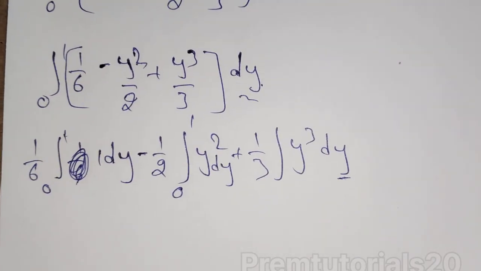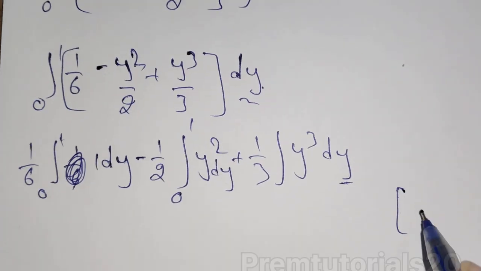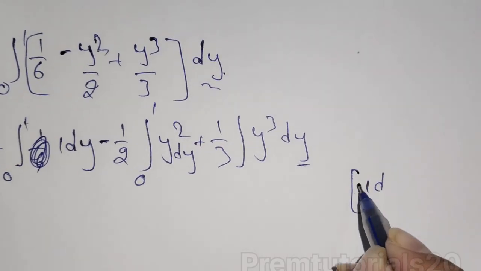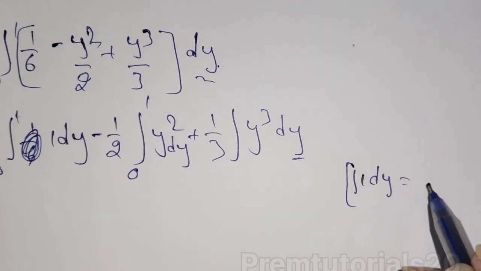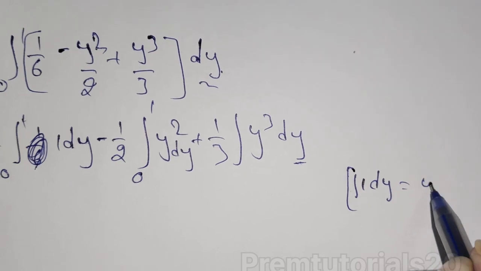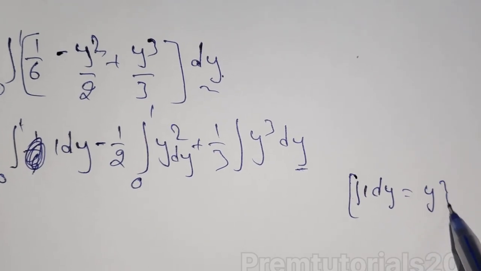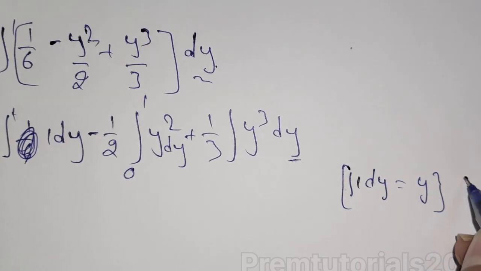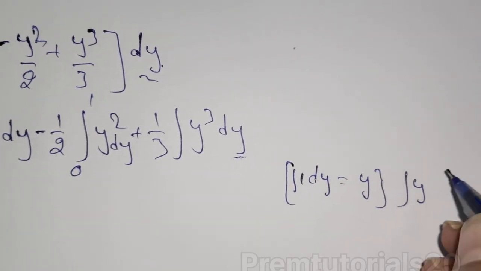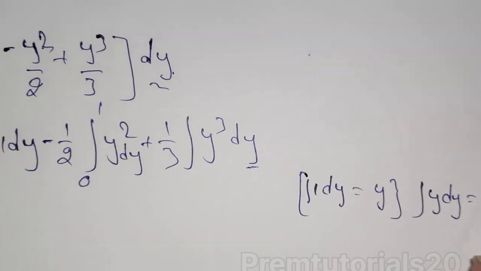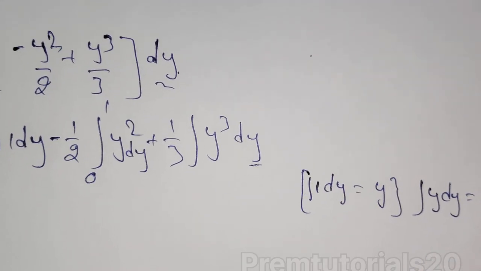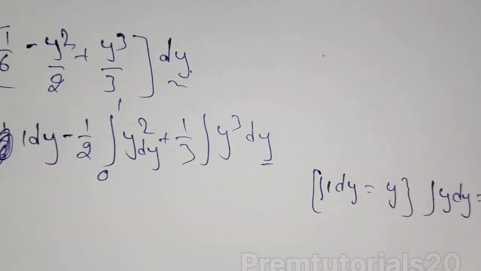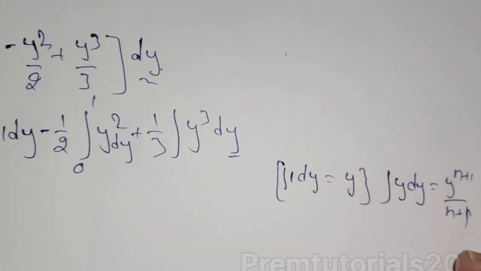Now we are familiar with integration formulas. What are the formulas here? Integral 1 dy equals, what is the formula for y? And also, integral y to the power n dy equals y power n plus 1 by n plus 1.